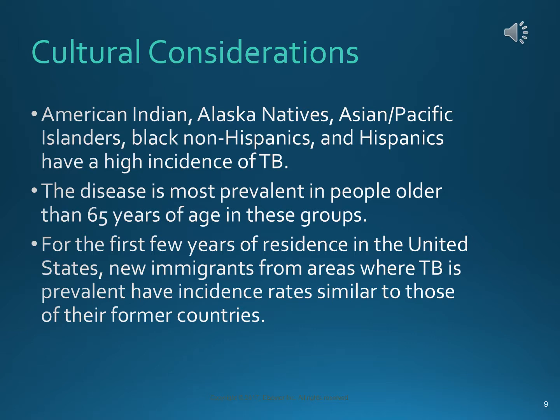New immigrants to the United States from areas where TB is prevalent have incidence rates similar to those from their former country. And when people who immigrate live in fairly close-knit communities, the incidence of TB remains high in those communities.